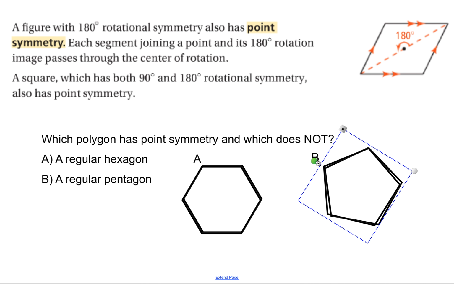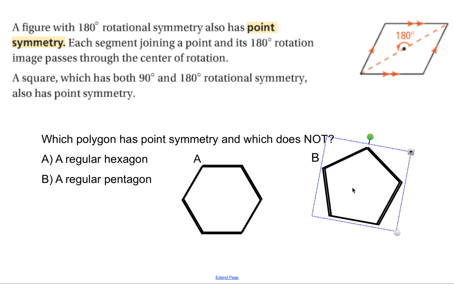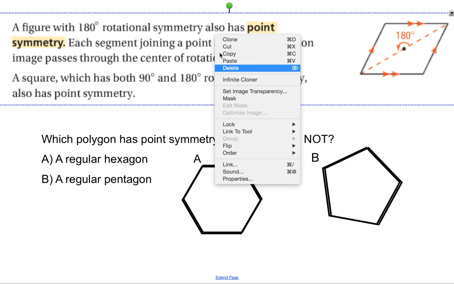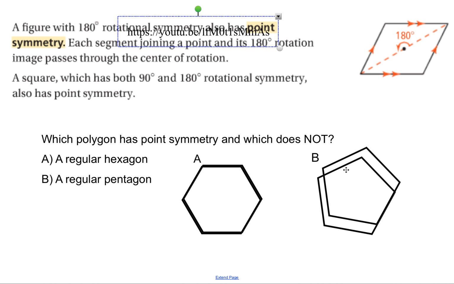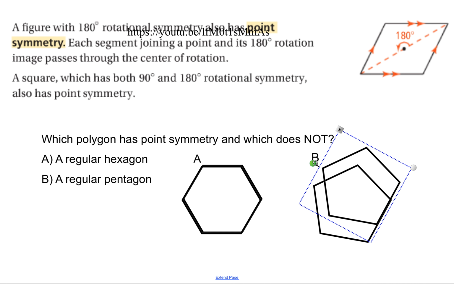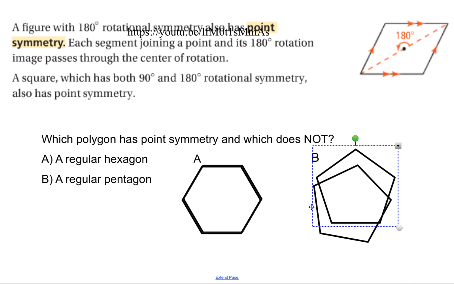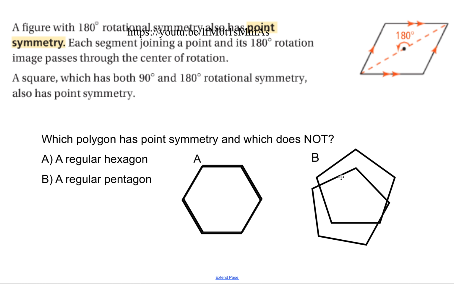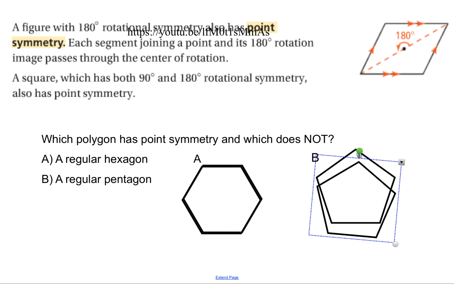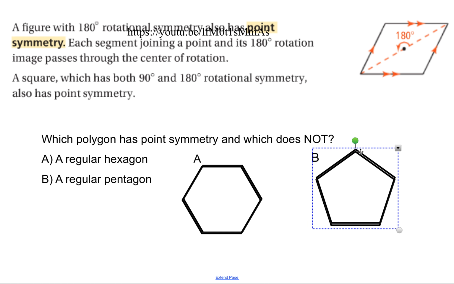so what I want to do is, let's focus on, let's see if I can, so there is my original figure. And what I'm going to do is, let's take this, and there's my original figure.